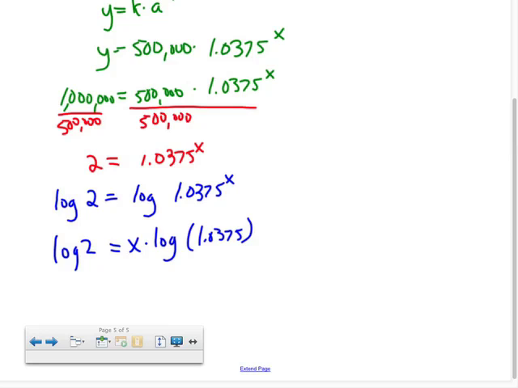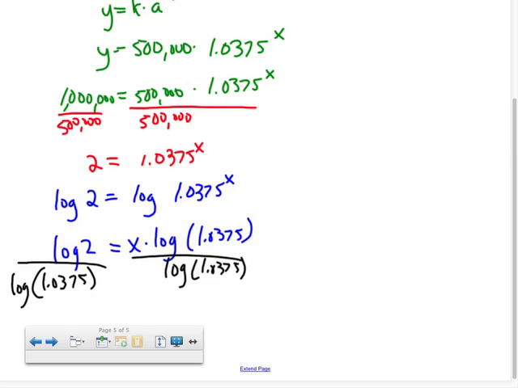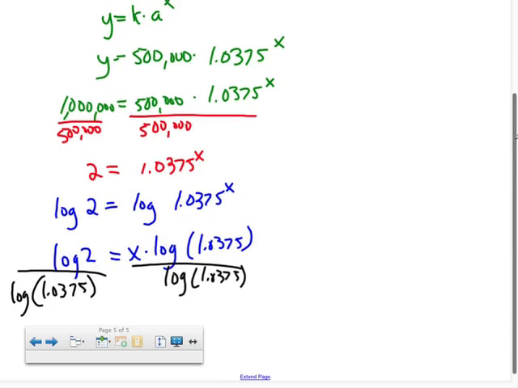And then lastly, just divide both sides by that log of 1.0375, and you'll have your approximation for x. And again, you can put that on your calculator. That'll give me an approximation for x.